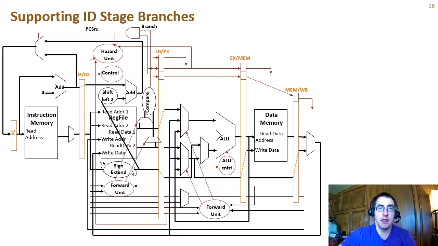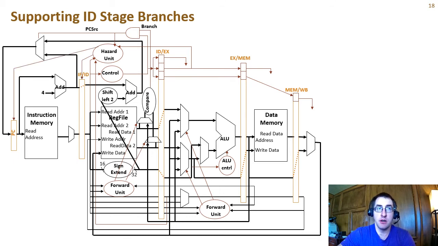So the forwarding unit in the decode stage is going to need to get the signals that it needs in order to control the two multiplexers. Those multiplexers are going to get the values off of the EX-MEM interstage buffers, and the forward logic will select either the values forwarded from the EX-MEM stage buffers or from reading the register file.